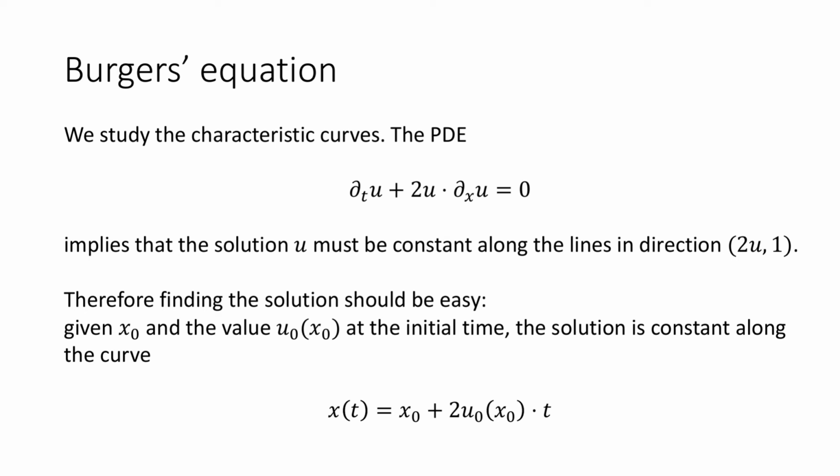It sounds a bit similar to the transport equation. Given x naught and the initial value u naught of x naught at the initial time, the solution will be constant along the curves x of t equals x naught plus 2 times u naught of x naught times t. Along those curves, the solution will always have the value u naught of x naught. So how difficult could it be?